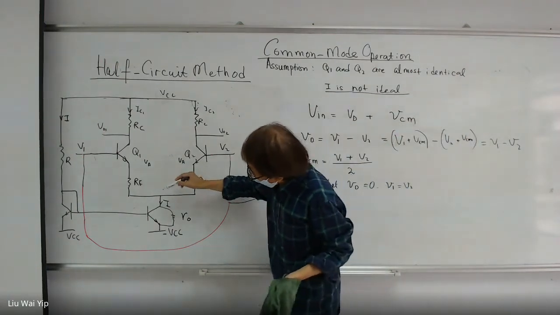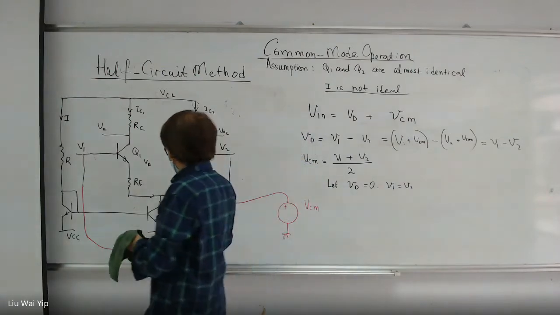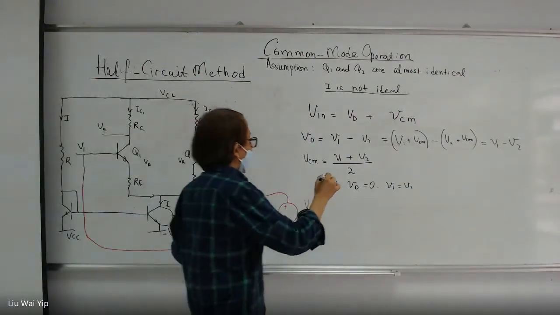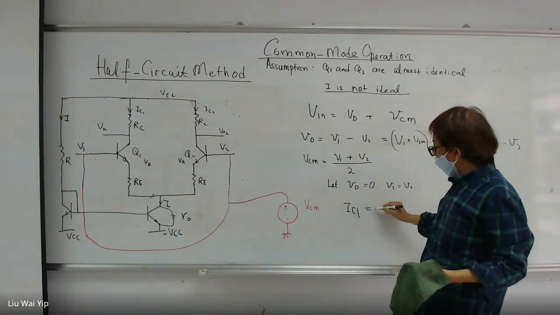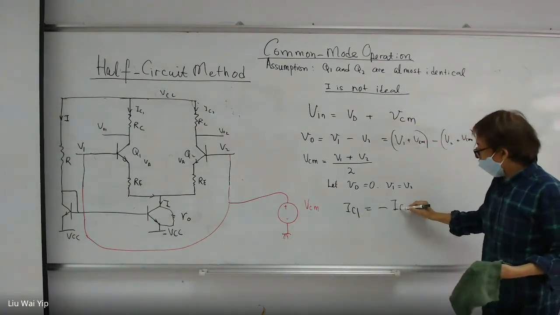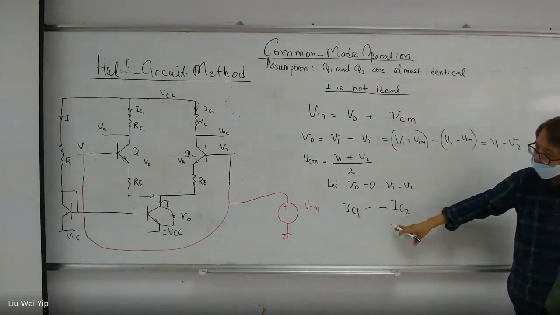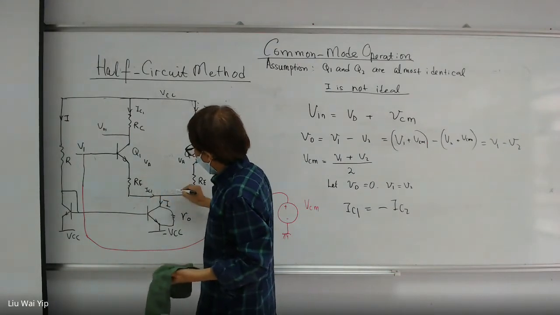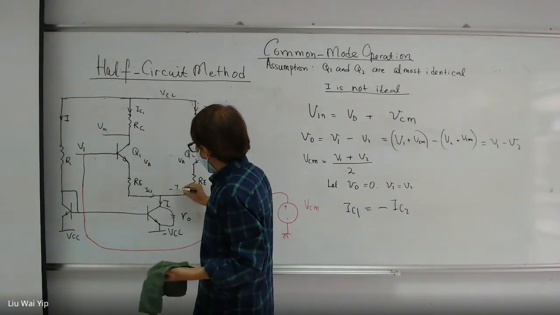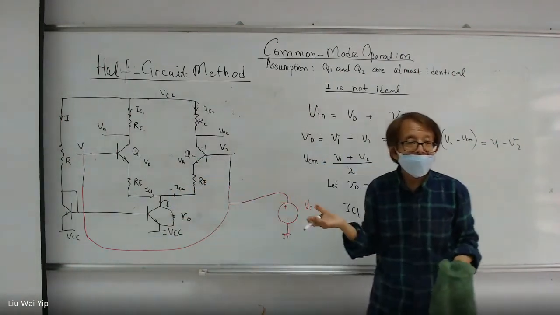then do you agree that the current going in here, originally you have IC1 equals minus IC2. But now if it is imbalanced here, this means this current IC1 and this current IC2 are not the same.